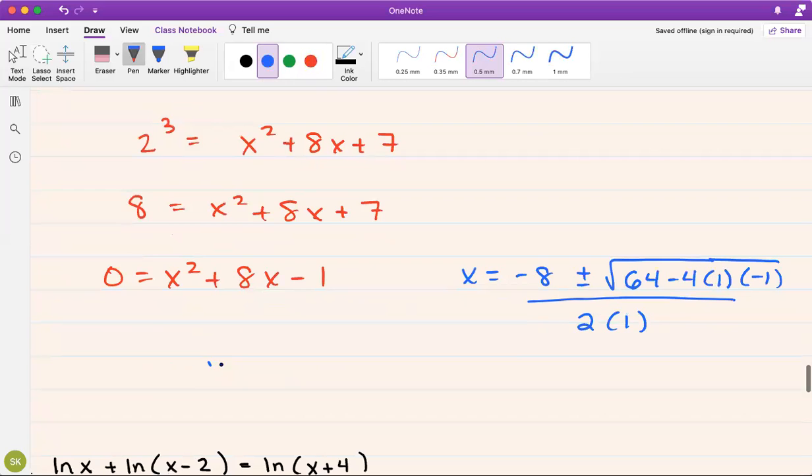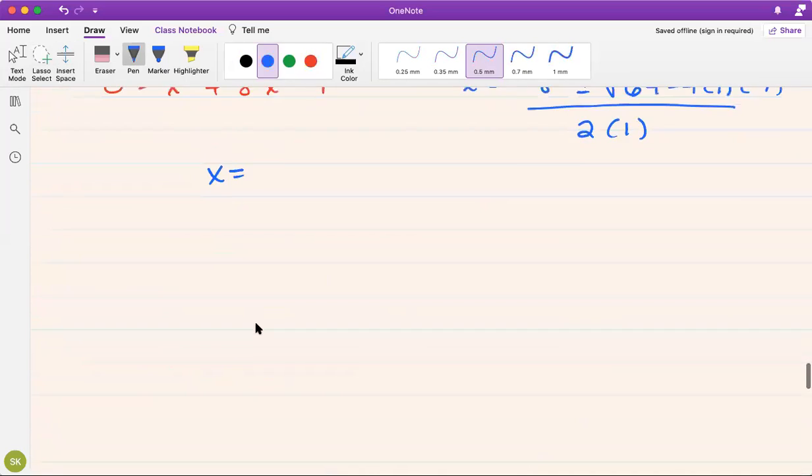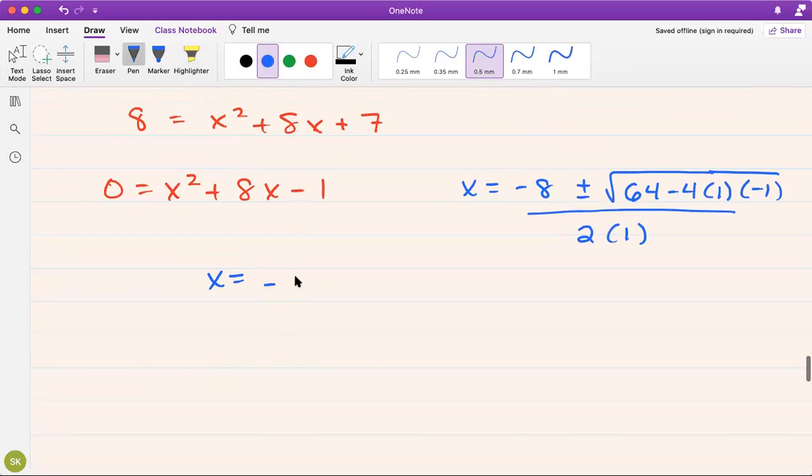So we get that x is equal to -8 plus or minus. This is going to be a positive 4, so we get the square root of 68 over 2. This square root 68 is the same thing as the square root of 4 times the square root of 17.